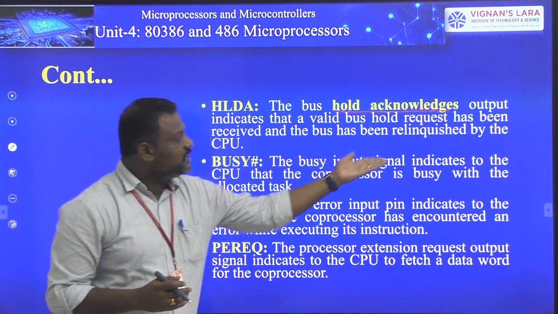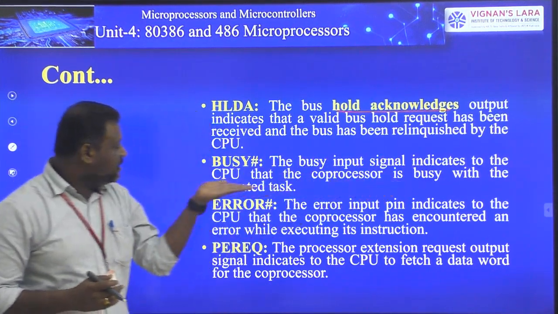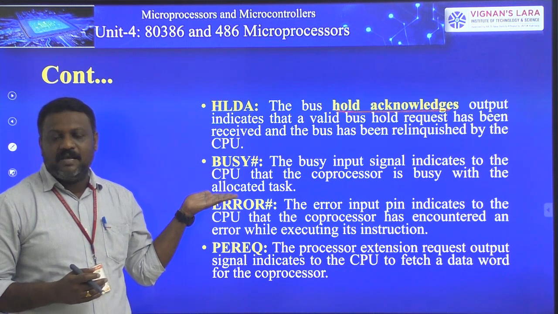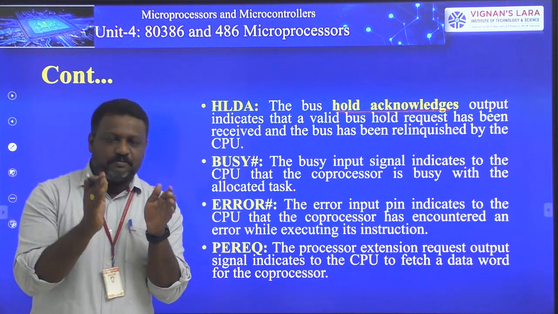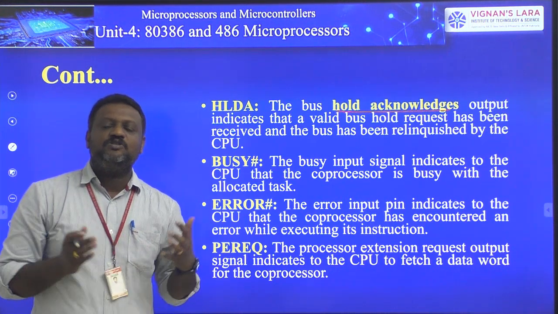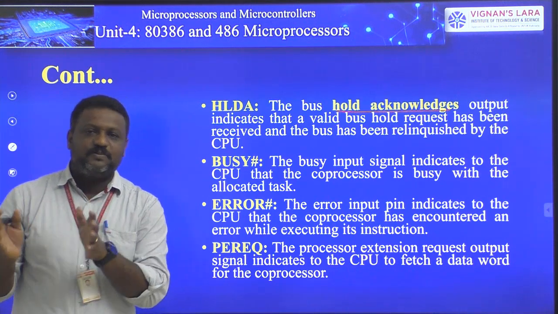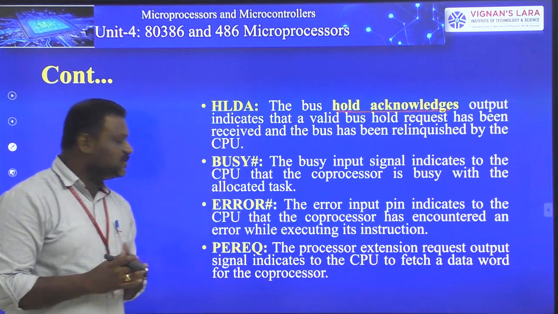The BUSY input signal indicates to the CPU that the coprocessor is busy with the allotted task. Basically, the signal is generated by the coprocessor. Once your processor receives this busy signal from the coprocessor end, your CPU identifies that the coprocessor is busy with its assigned task. So that's the use of this.